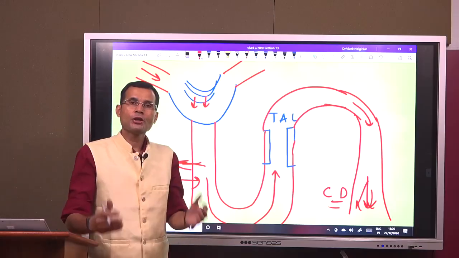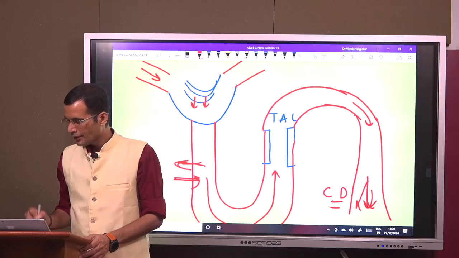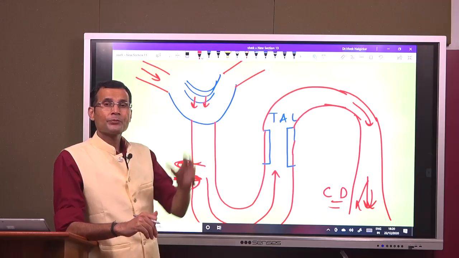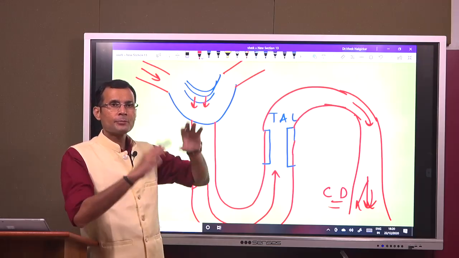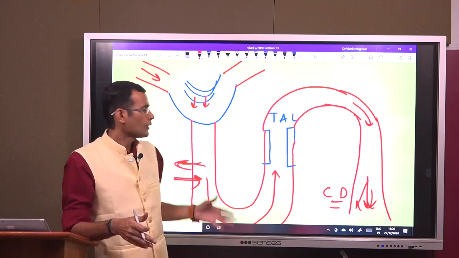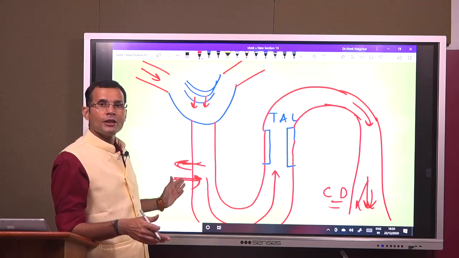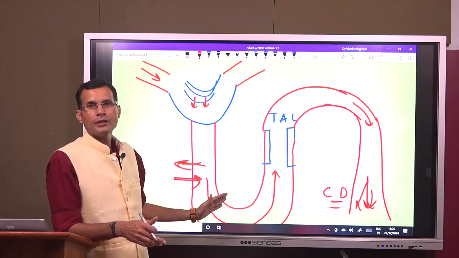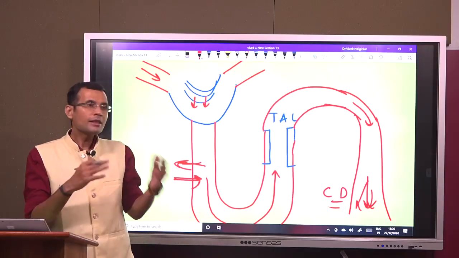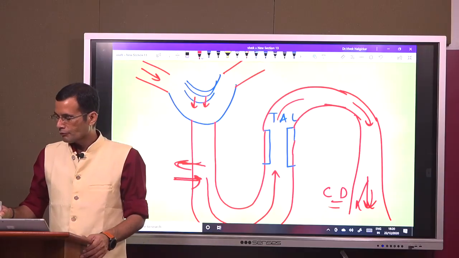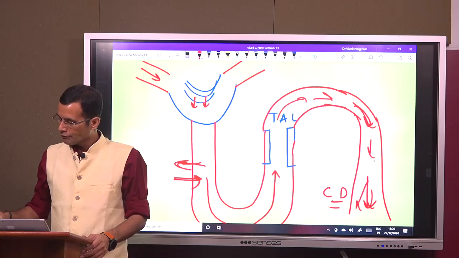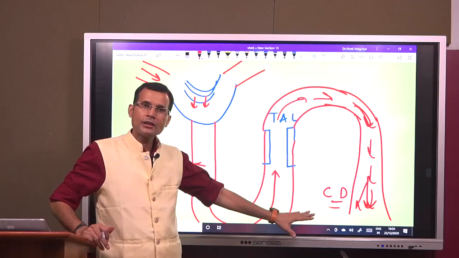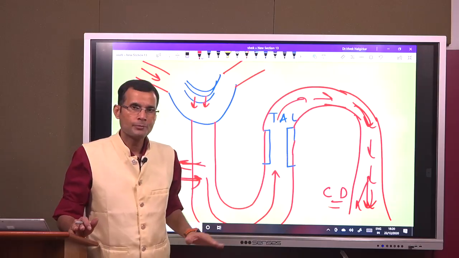Whatever was not required will be secreted by the tubule. Look, glomerular filtration cannot remove the substance entirely. So we have secretion. Substances will be secreted into the tubules. And finally, all of this will go on happening in different parts of the nephron. Final processing will happen in the collecting duct and the urine will be formed.